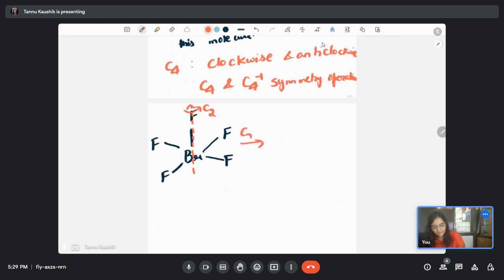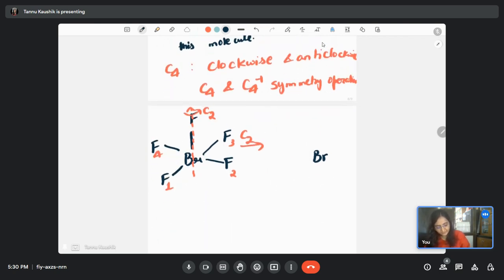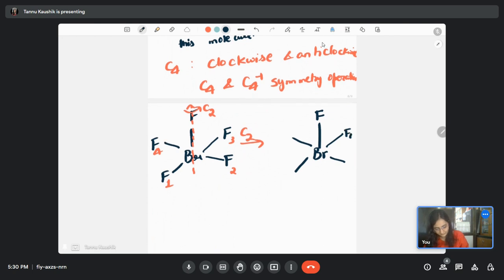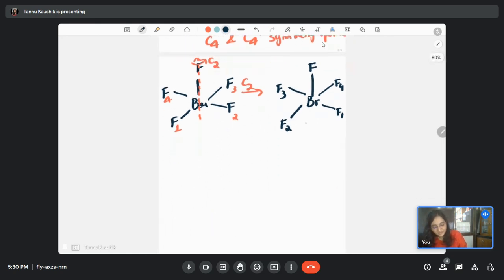In the case of C2, on performing this operation, the configuration we will get is this, so this is the equivalent configuration.